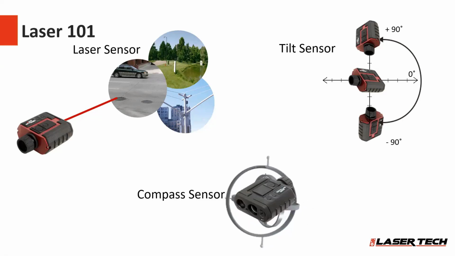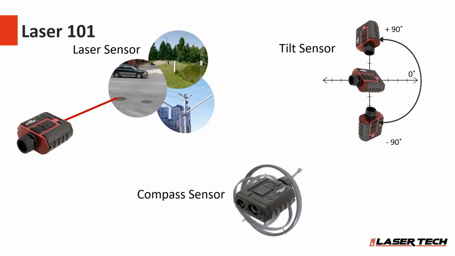That compass sensor measures magnetic north, and with that we're able to get our azimuth measurements off of magnetic north. You're also able to put a setting in there for true north if needed. You can just apply a declination or an offset in the unit itself, and you can get true north. So we've got all these different sensors built into the lasers, but we also have different routines.